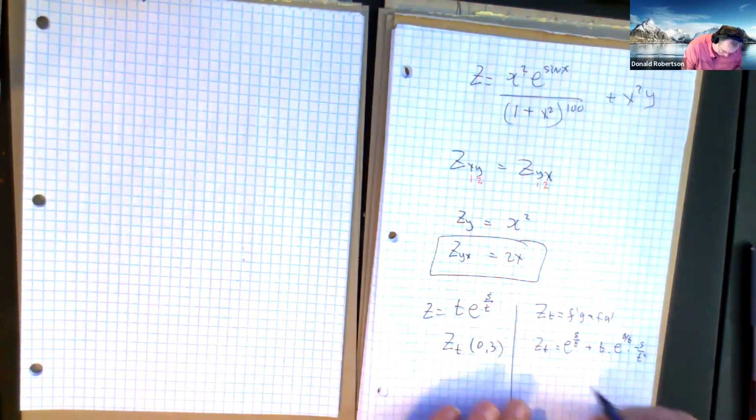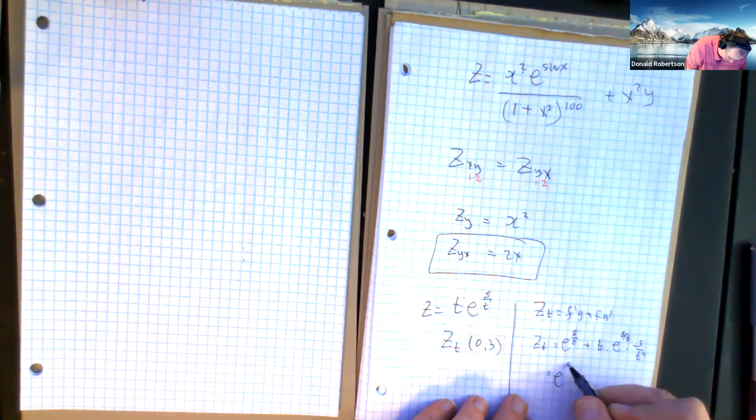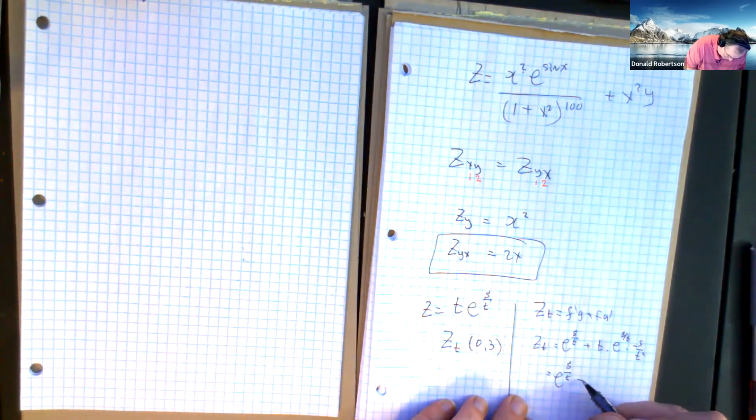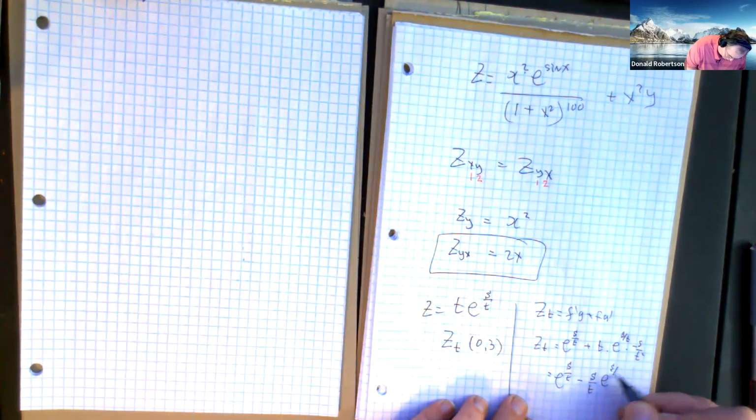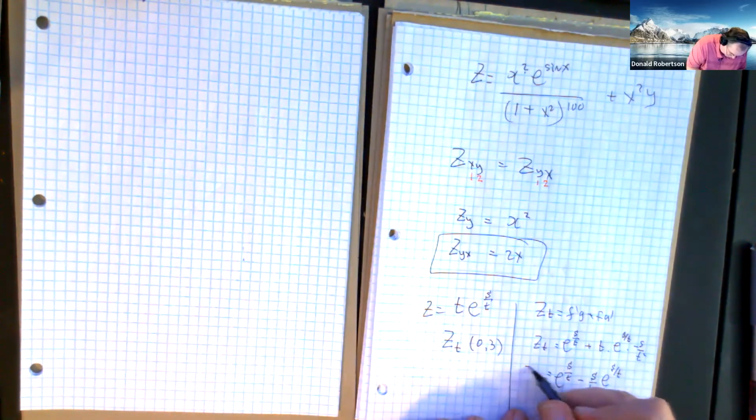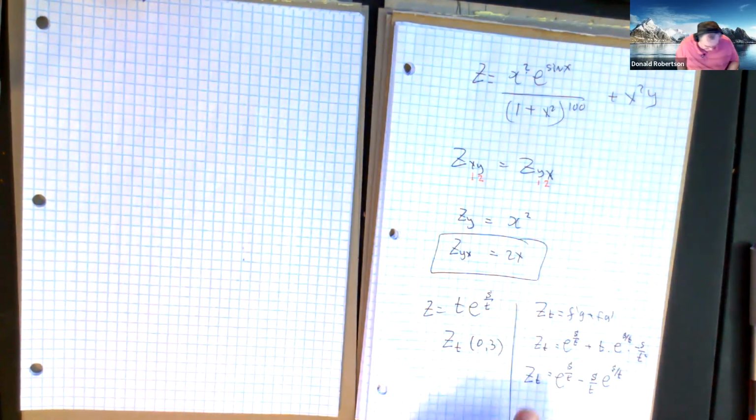That's a negative, and one of them will cancel. So you'll get negative s over t times e to the s over t. So that's what I get for the partial derivative with respect to t.